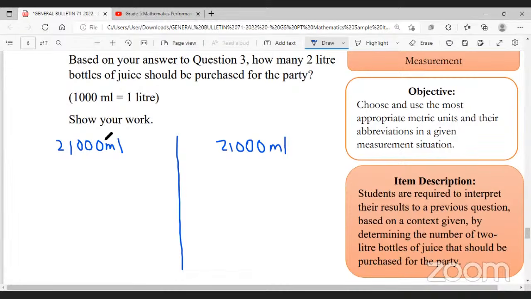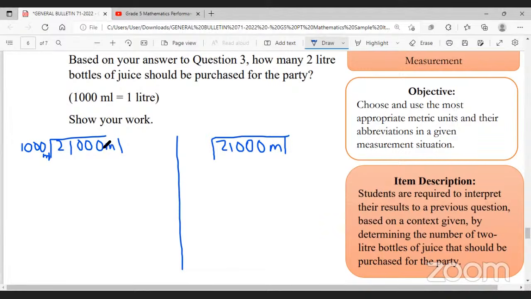So we can divide it here. I'm going to use the division. We know that 1 liter measures 1,000, so we can divide this by 1,000 to get how many 1 liter bottles we can get.